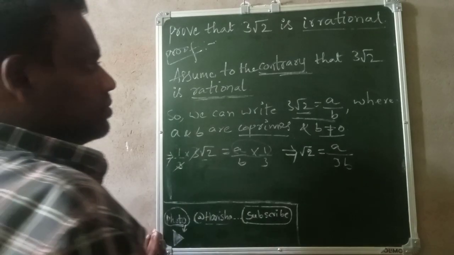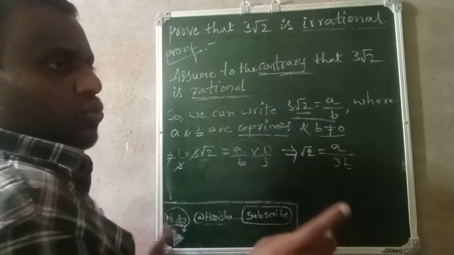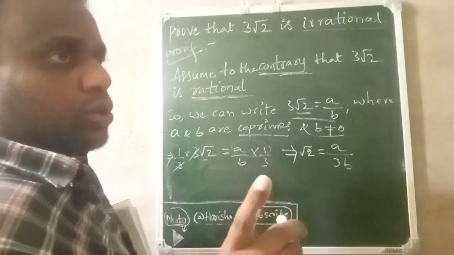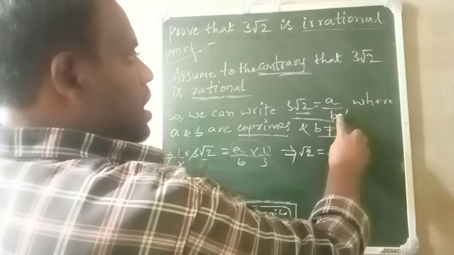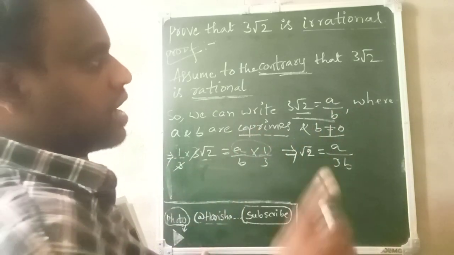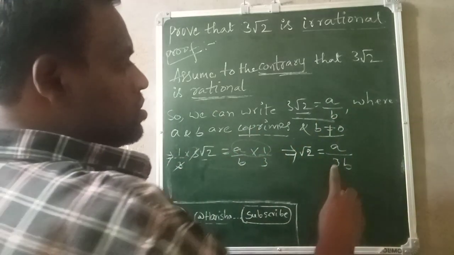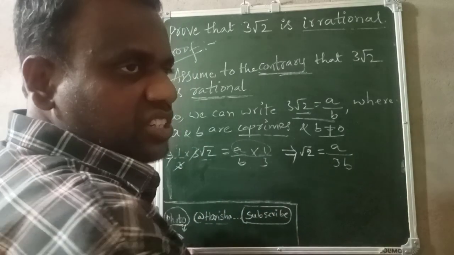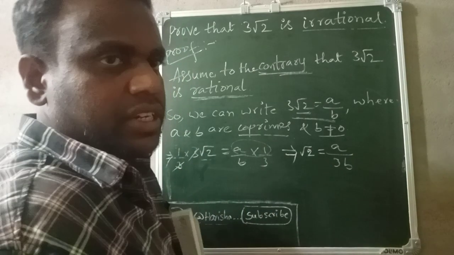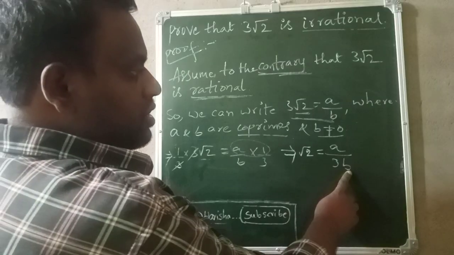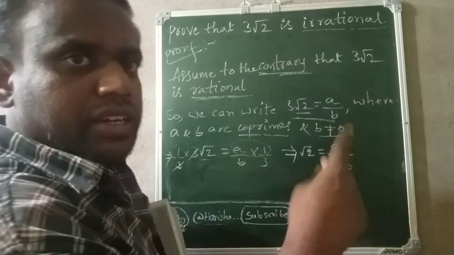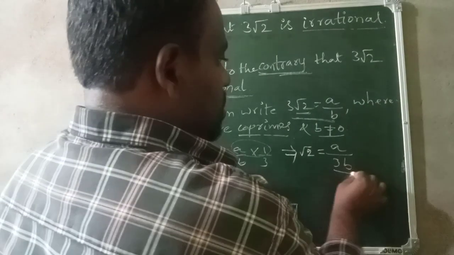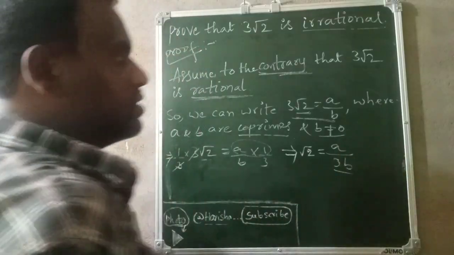For a rational number, one more thing you have to remember: this a and b are not only co-primes, they are integers also. So a is an integer, b is also an integer. When b is an integer, 3b is also an integer. If you multiply an integer by a number, you get an integer only. So this 3b is an integer, a is also an integer.